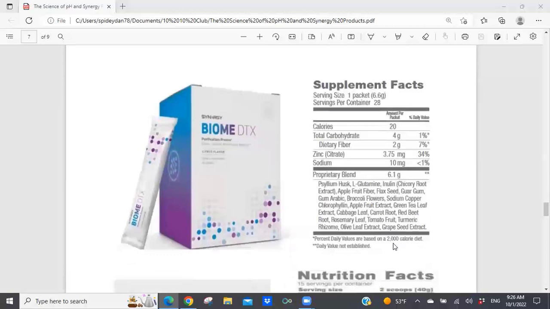Again, when you look at the makeup of the Biome DTX, it has a lot of things in it that, when burned and metabolized, leave an alkaline ash. And then the other thing that goes with the Biome DTX is that it begins to help fuel the good bacteria that prefers to live in an alkaline environment rather than in an acidic environment.